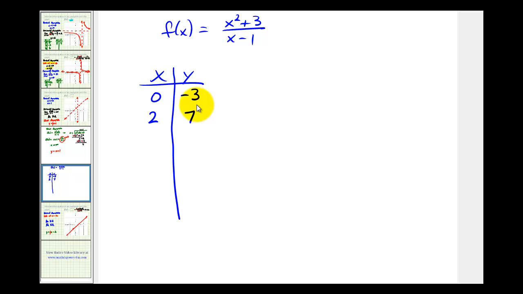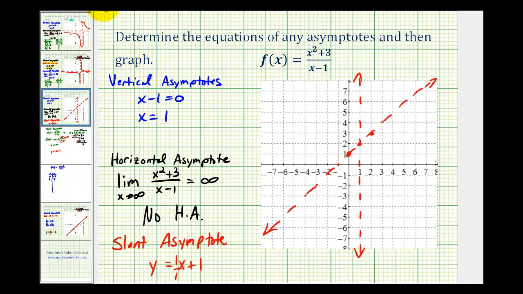Let's go back and plot these 2 points on our function. We have 0, negative 3, and 2, 7. 0, negative 3 is here, and 2, 7 is here. Let's try selecting 2 more values. Let's try x equals 3 and x equals negative 1.